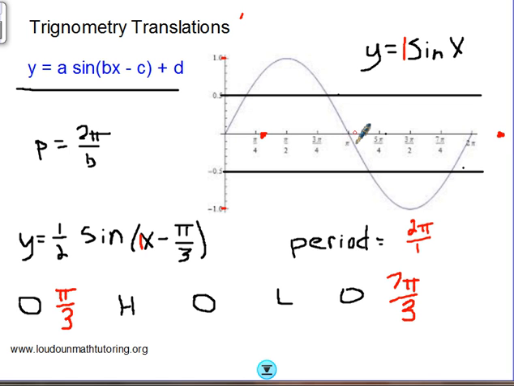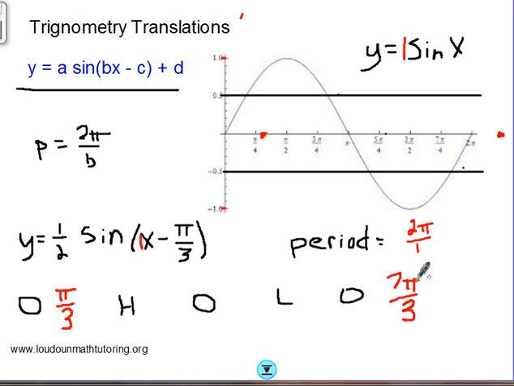Well, the other 0 of our sine function is usually halfway between 0 and 2 pi, so it's halfway between our endpoints. We get to figure out what's halfway between pi over 3 and 7 pi over 3. When you find the midpoint of 2 points, let's just add them together and take half. So pi over 3 plus 7 pi over 3 is 8 pi over 3.